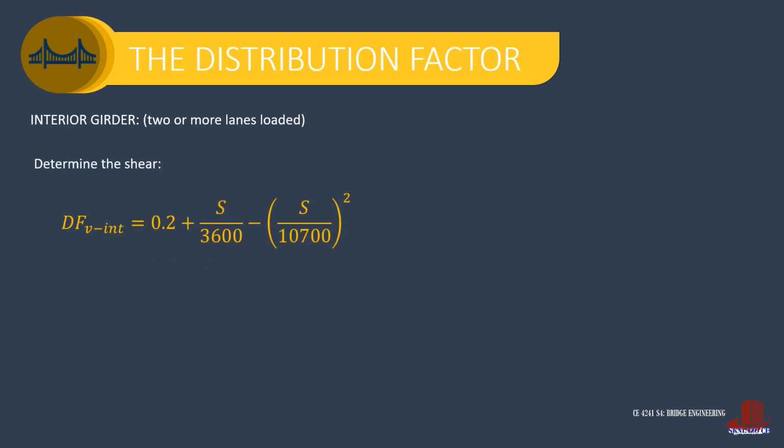The distribution factor for shear is shorter and simpler. Using S of 2,500, we take the distribution factor as 0.2 plus 2,500 over 3,600, less the square of 2,500 divided by 10,700, giving 0.84 or 84%.